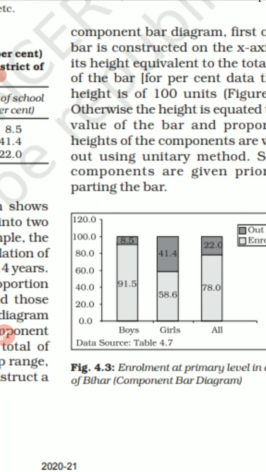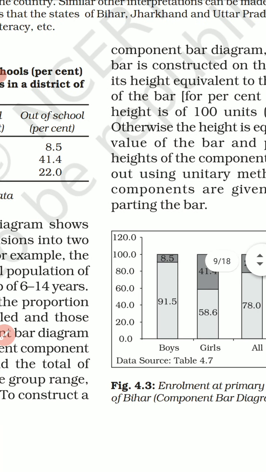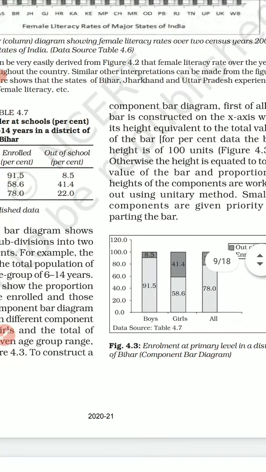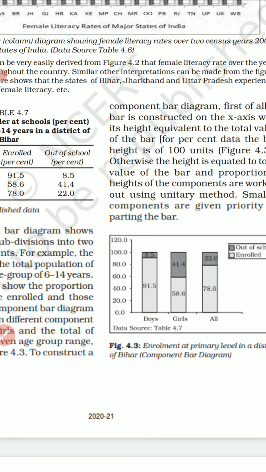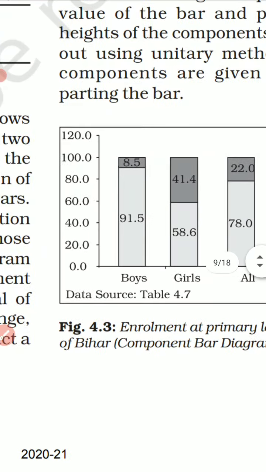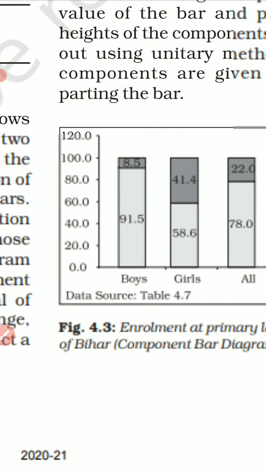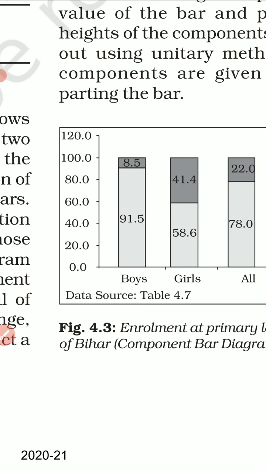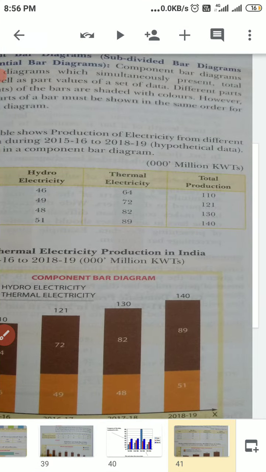Boys 91.5. So what is that data? Enrollment. Then out of school, boys are 8.5. So two things have been shown in one bar. Likewise in other bars.